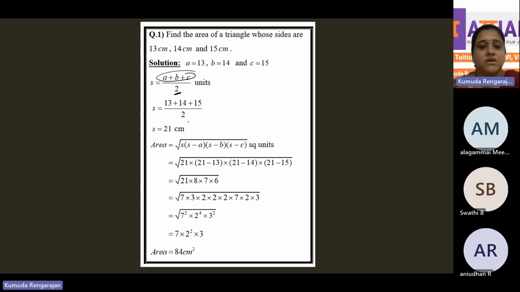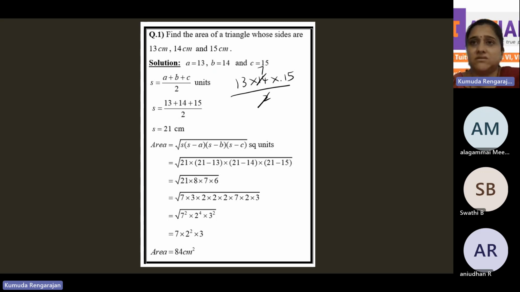That's the semi-perimeter. So you can't cancel, children. What mistake can we make? We'd cancel the two ones or two sevens. No, you cannot cancel. You have to add. Only if it's multiplication can you cancel. In 13 into 14 into 15 by 2, you can cancel. When it's multiplication, the numbers are independent.